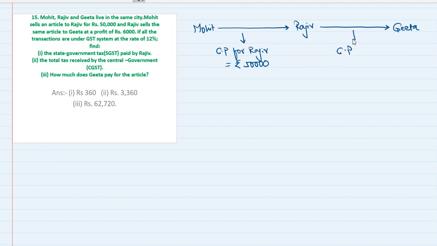So cost price for Geeta is equal to rupees 56,000. Okay. If all the transactions are under GST system at the rate of 12%, find the state government tax SGST paid by Rajiv.